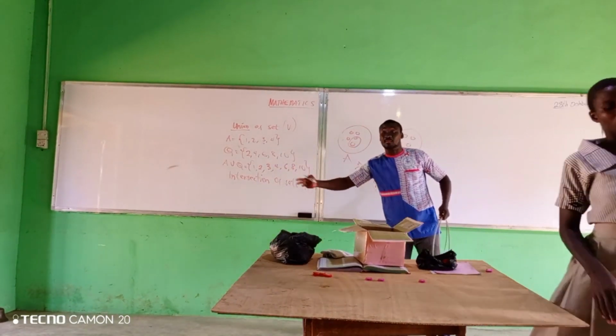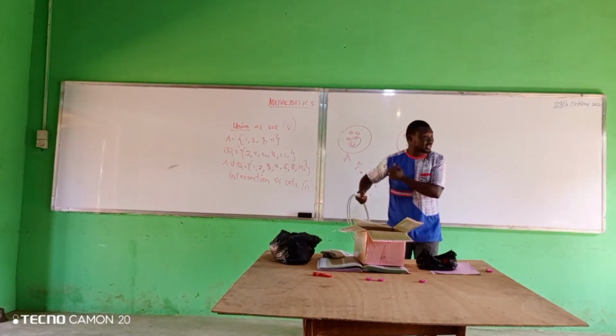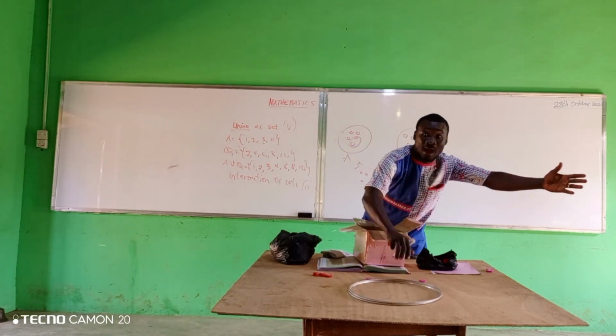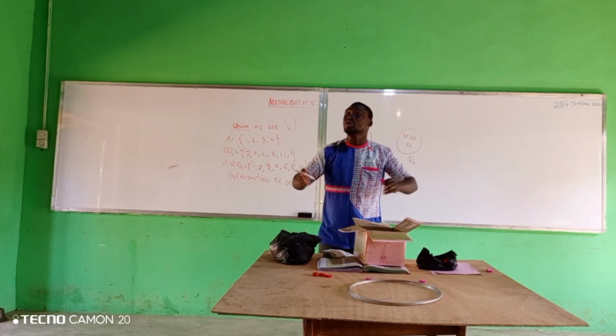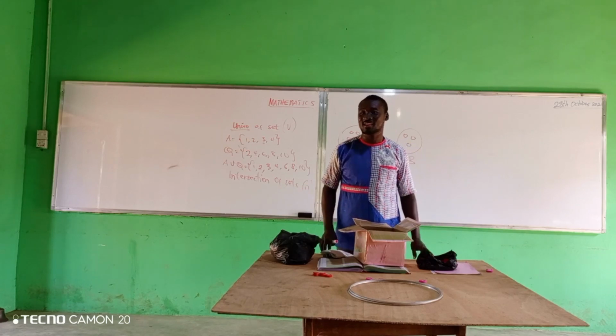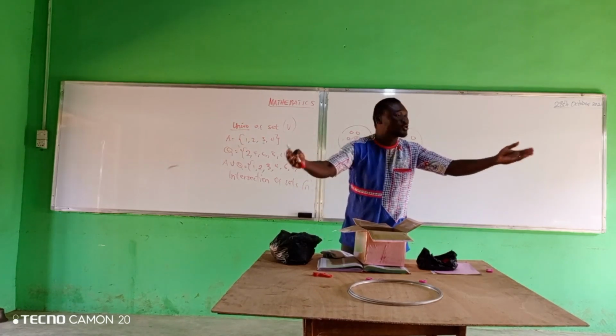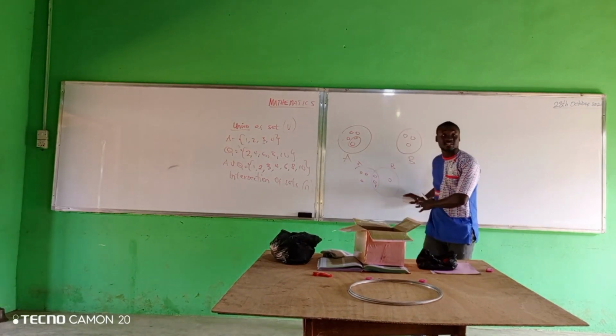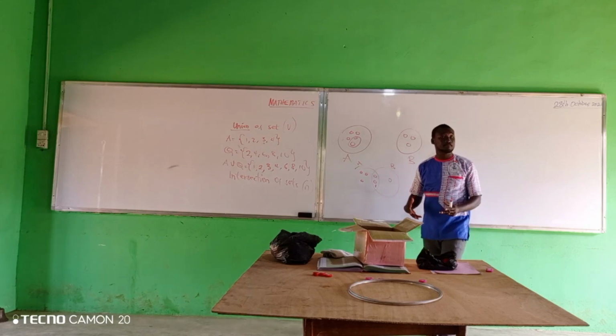There are some items that she needs that I also need. There are some items that Karen has that you also have. You have something in common. You are all in Form 3. You are all in school uniform. So that is what we call intersection of a set.